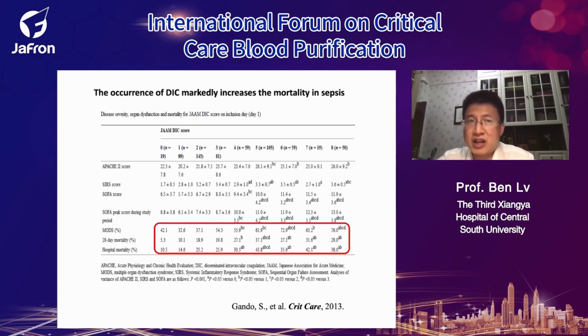If the patients have no coagulopathy, with a DIC score of 0, the 28-day mortality is very low. But as the DIC score increases, especially when we reach 5, at which the patient can be diagnosed as DIC, the mortality goes to 70%. It's very high.